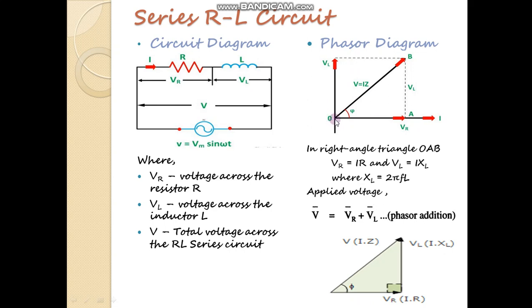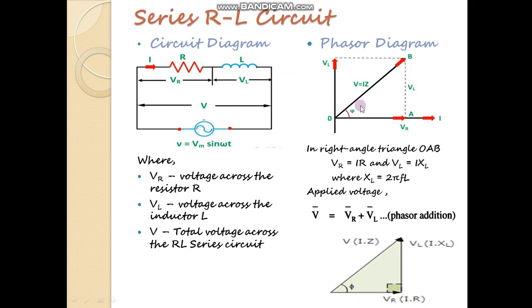So this phasor of the VL will come here, which will lead the current by 90 degrees. After that we will take the resultant of this VL and VR. This will be the third phasor, V equals I into Z, and this V means the supply voltage or the voltage across this RL combination.